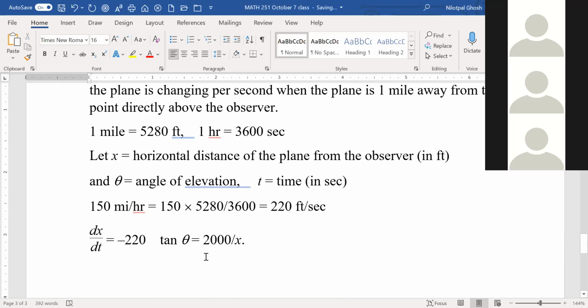So taking derivative with respect to time, so whenever we write WRT, it stands for with respect to time. We are taking derivative with respect to time. We get this result. The derivative of tan theta would be sec square theta.